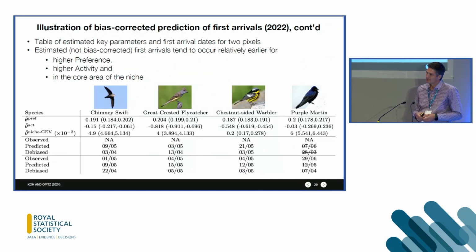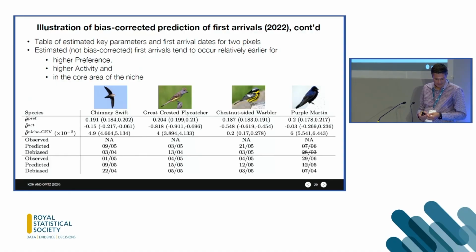Okay, so here in this table, for 4 species, you can see some important estimated hyperparameters, and also some more predictions, bias corrected or not, for 2 specific pixels. What we can see is that the estimated first arrivals, without bias corrections, tend to be earlier if we have higher preference, if we have higher activity, and when we're in the core area of the niche.